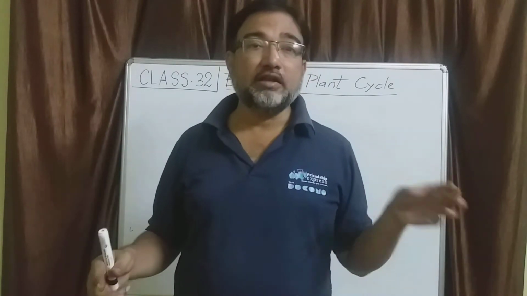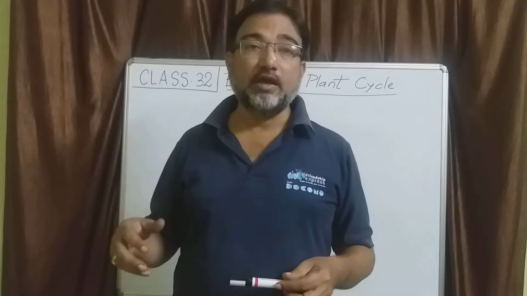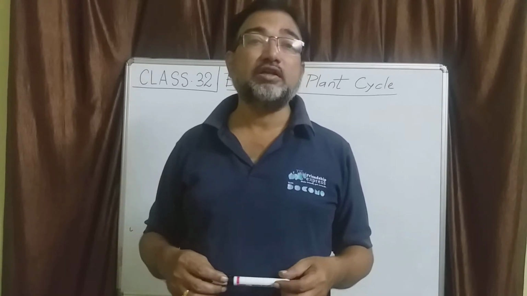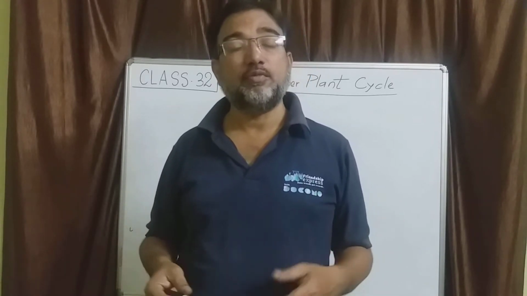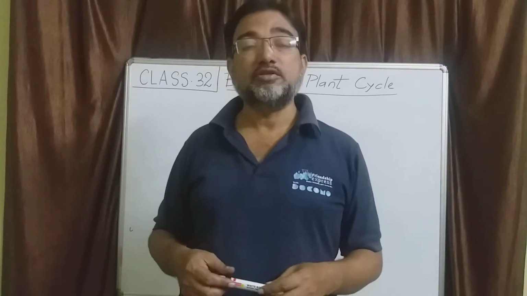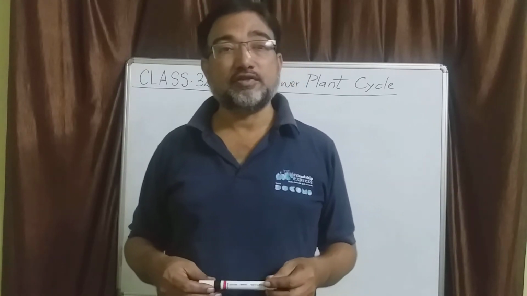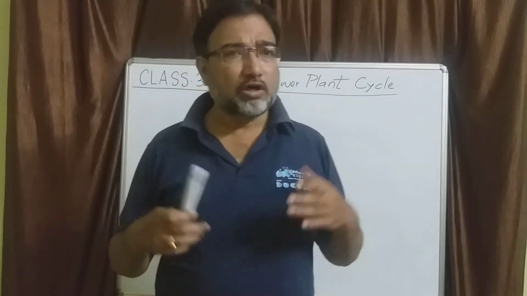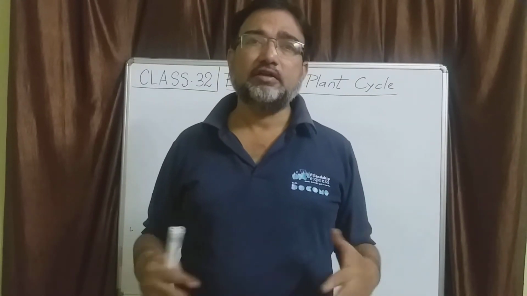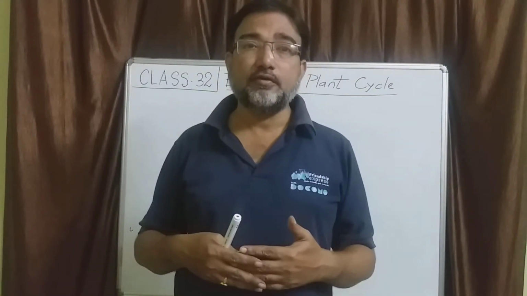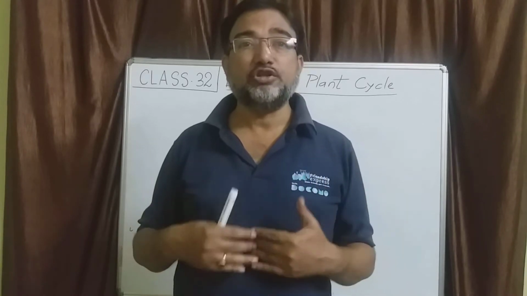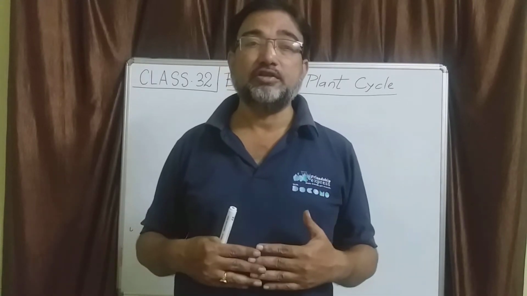In a power plant that armature is connected to a turbine, and the turbine has to be rotated at a speed as high as 30,000 rpm. Then only power can be generated at 50 hertz frequency. So what should be done so that the turbine can be rotated at 30,000 rpm? That is our job, the job of mechanical engineers.